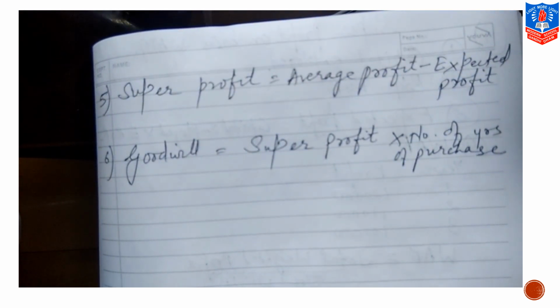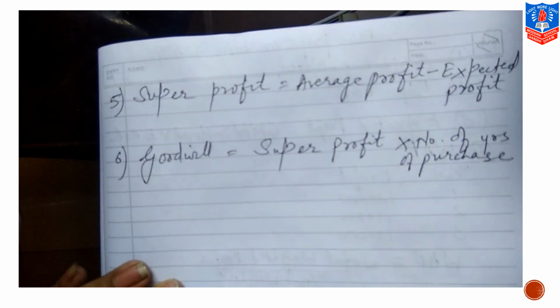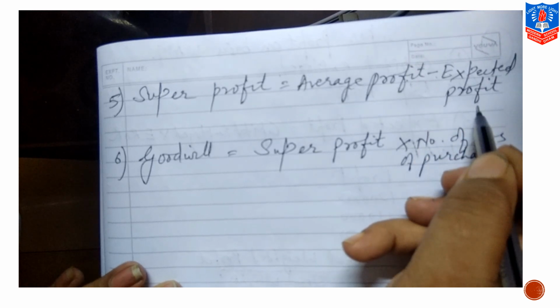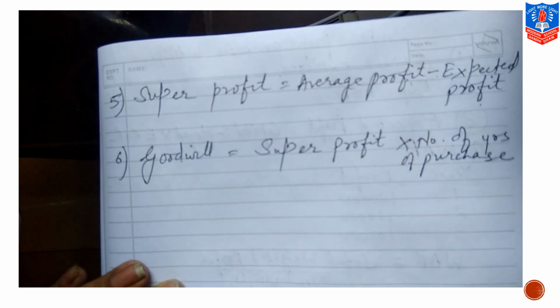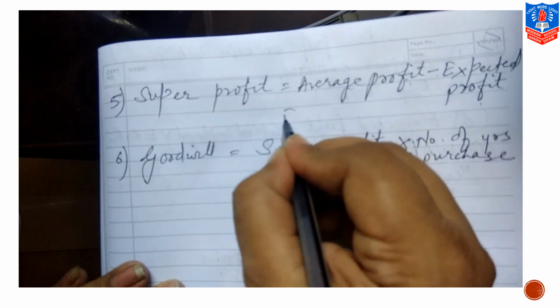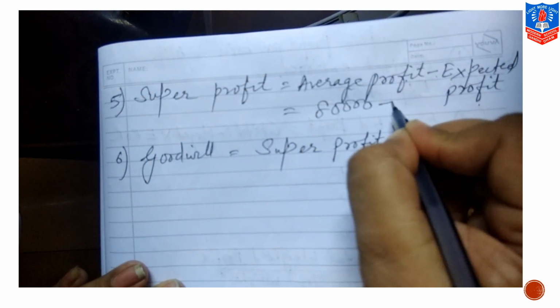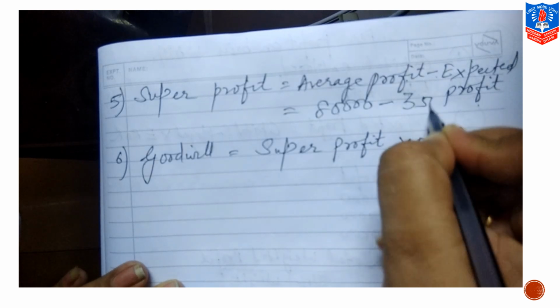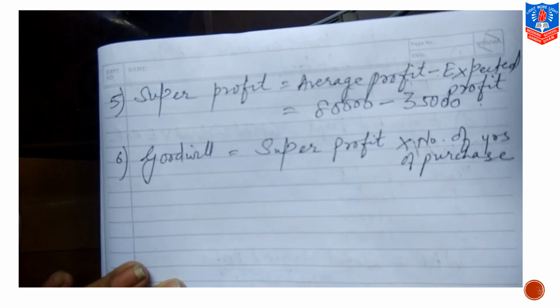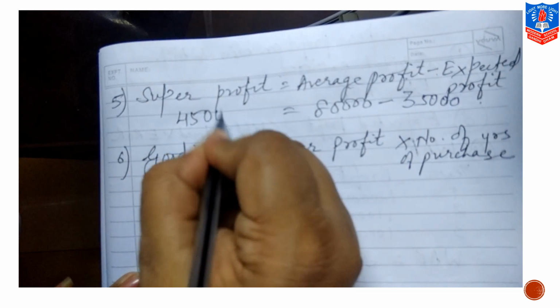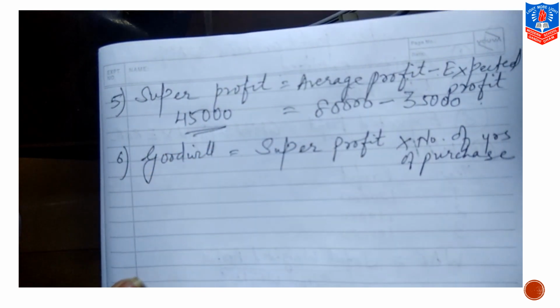Step number 5. Super profit is equal to average profit minus expected profit. Average profit we have found out, 80,000, minus expected profit, that was 35,000. So this way super profit comes to 45,000.